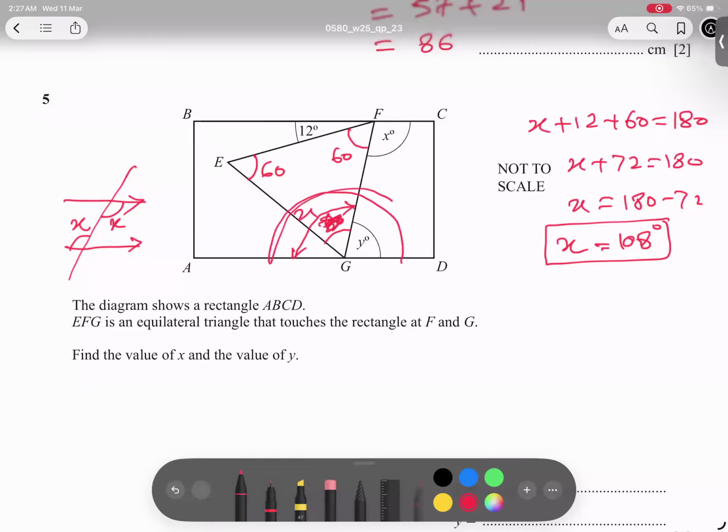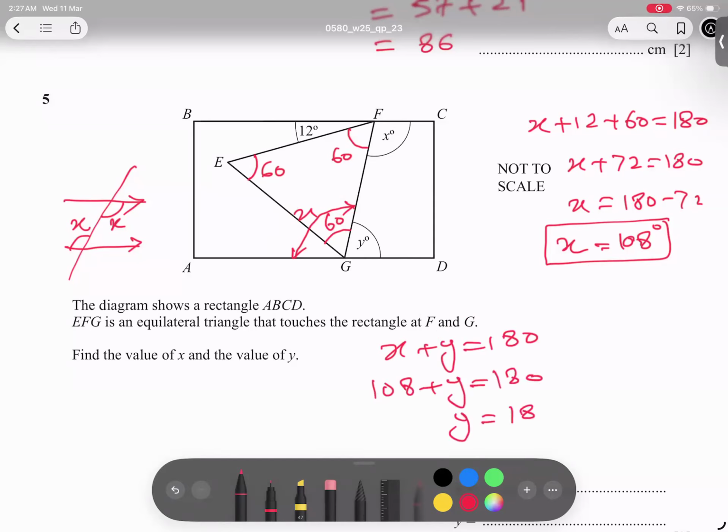Sum of these two is 180, with this a Y and this an X. So X plus Y is equal to 180. And X value will come here: 108 plus Y is equal to 180.